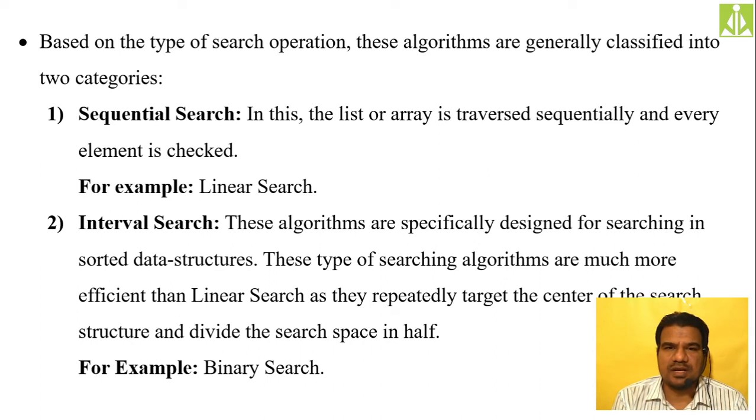If it is lesser, we ignore the second half of the list, and we consider only the first half, and we repeat the same process. If the key value is greater than the mid value, then we ignore the first half and we do the searching only in the second half of the list. This is the binary search procedure.